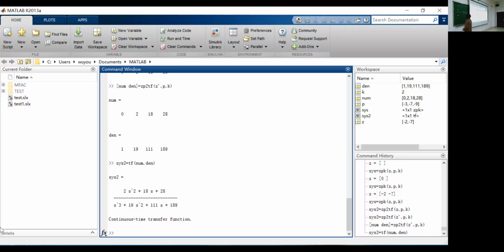Then, how about this time, firstly we know the TF form, then how to go from TF form to ZPK form?